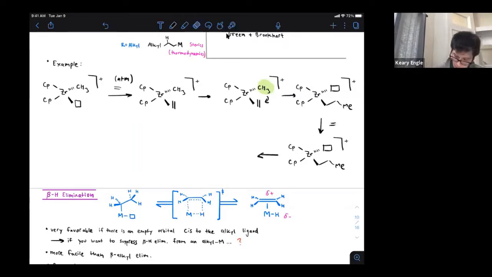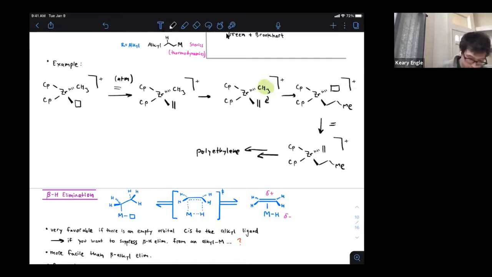So now you're free to coordinate another molecule of ethylene. And as Nathan said, this will go on to oligomerize or polymerize. And in this case, the product will be polyethylene.